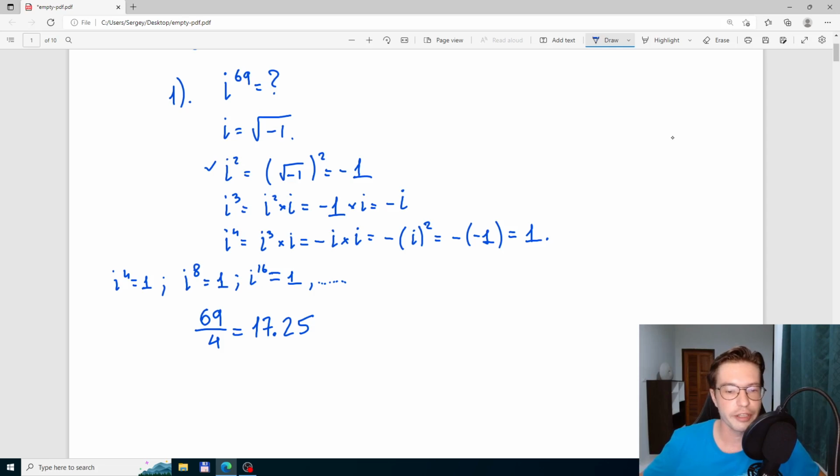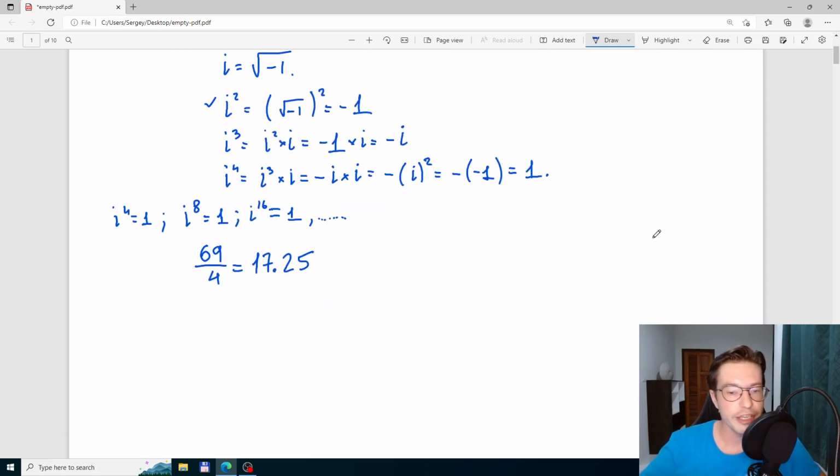So that means we can fit 4 into 69 17 times, and we'll get some remainder. Now, what is the remainder? Let's multiply 17 by 4, and we get 68. So that means the remainder is 1.